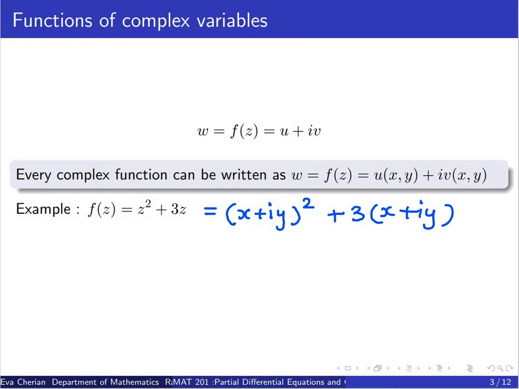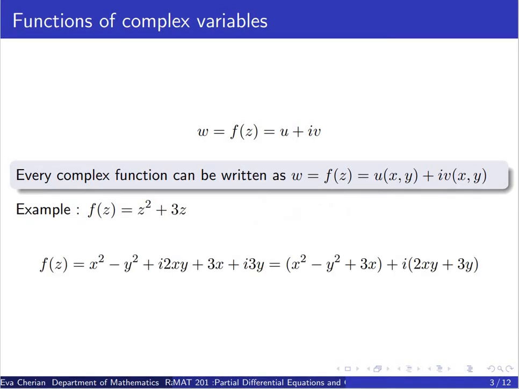Now if we expand x plus iy the whole squared, this will become f of z equal to x squared minus y squared plus i times 2xy plus 3x plus i times 3y. We can combine the real terms and the imaginary terms to get f of z equal to x squared minus y squared plus 3x plus i times 2xy plus 3y.